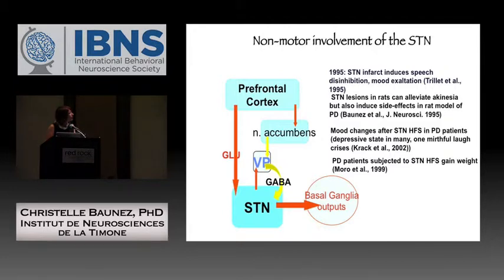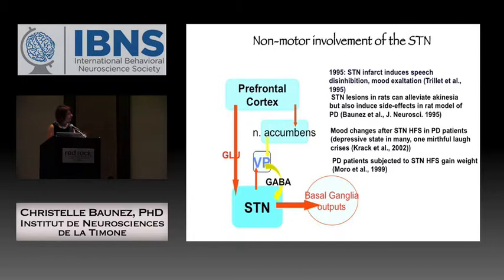So the next step, and there are, of course, now, since then, also cases of Parkinsonian patients subjected to the DBS of STN, for whom mood changes had been reported. Mostly depressive state cases, but one mirthful laugh crisis that was described by Paul Krack in Grenoble.